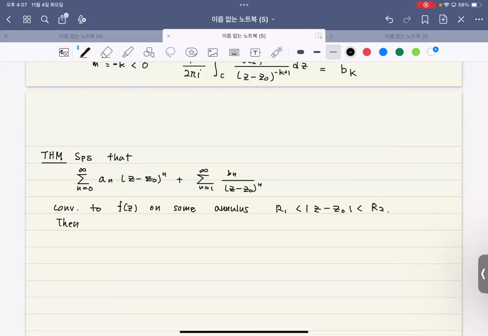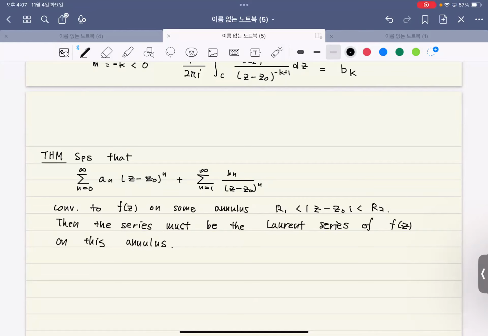Then the series must be the Laurent series of f on this annulus. So this proves the uniqueness of the Laurent series. Okay. Let me pause just a little bit, a couple of seconds, and please allow me to explain why this theorem is very important.